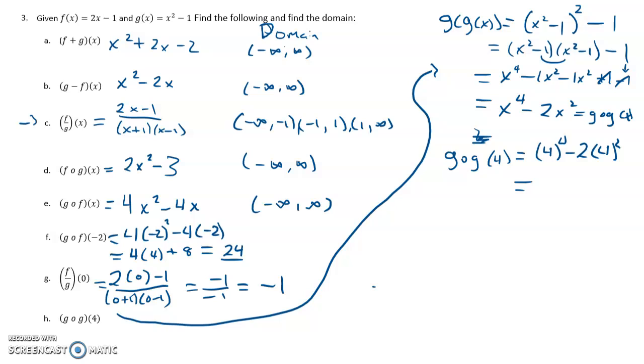And then we got to think about this. 4 to the 4th power is 256 minus 2 times 4 squared is 16. 2 times 16 is 32. 256 minus 32 is 224. So the g of 4 is 224.